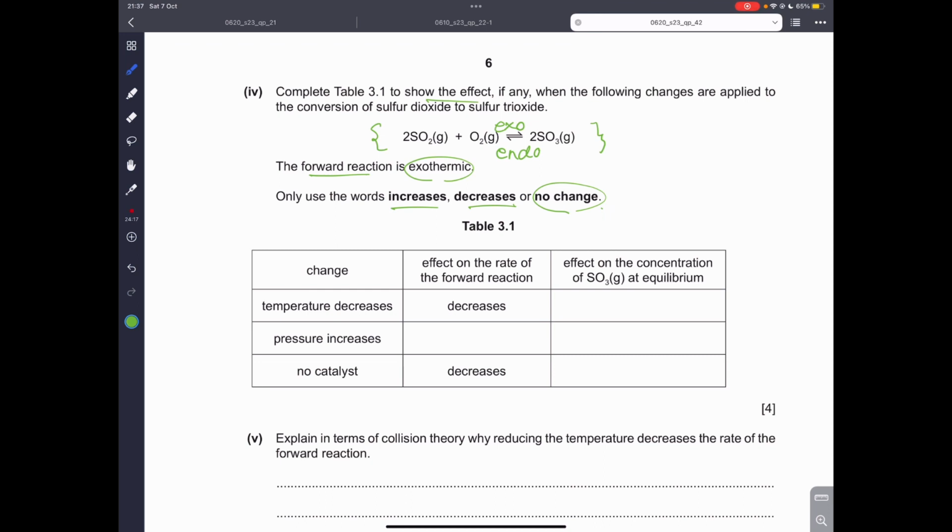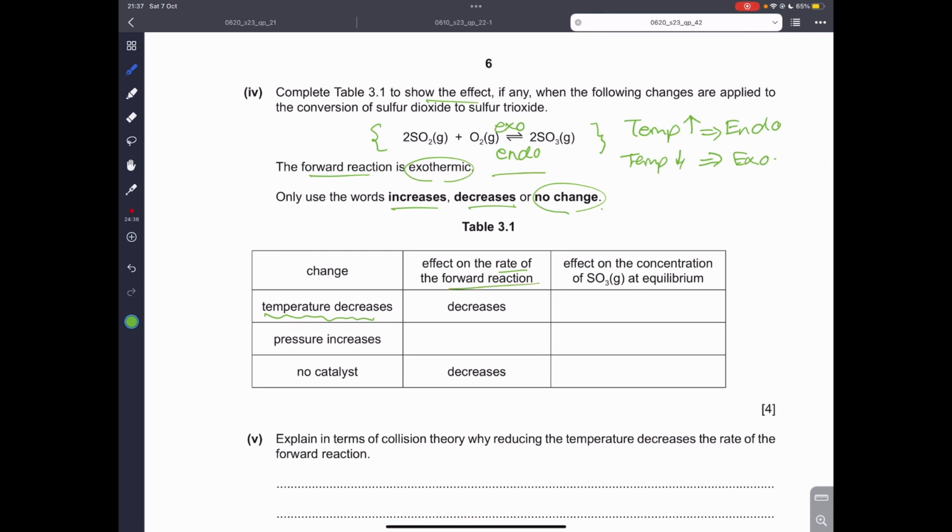So if we increase the temperature, remember when the temperature is increased, it favors the endothermic reaction. When the temperature is decreased, it favors the exothermic reaction. So the effect of decreasing the temperature on the concentration of SO3 at equilibrium, it will increase.